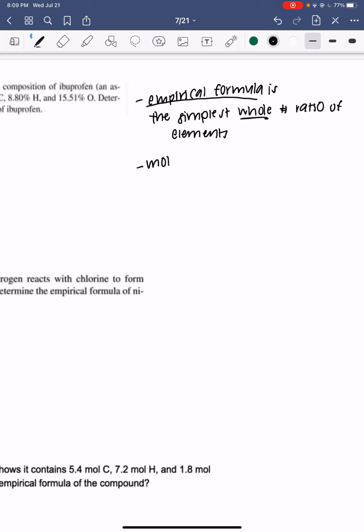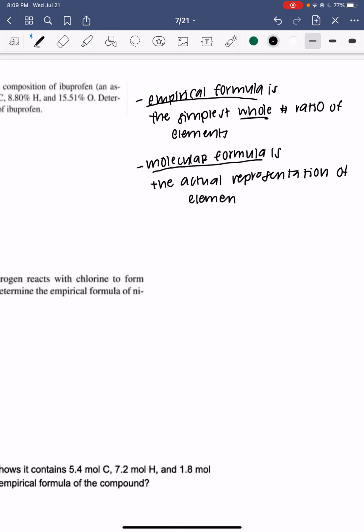What's a molecular formula? Your molecular formula is going to be the actual representation of elements in a compound.